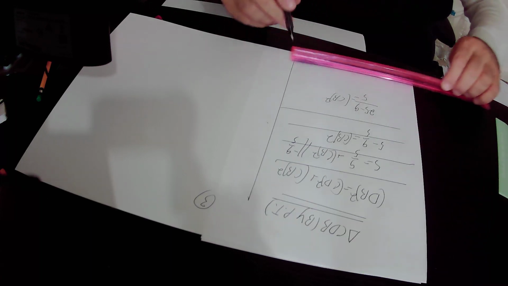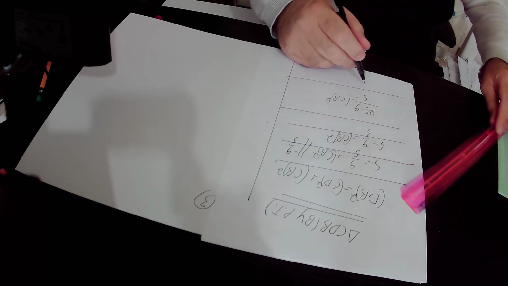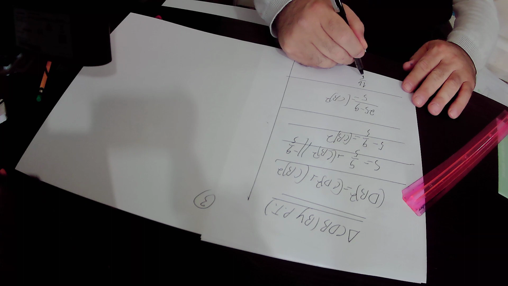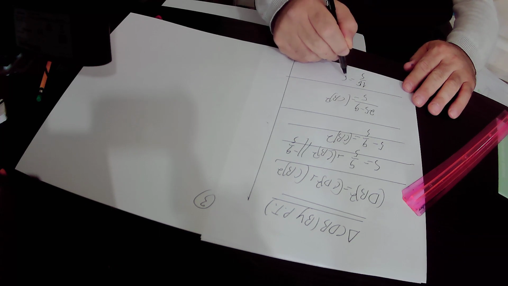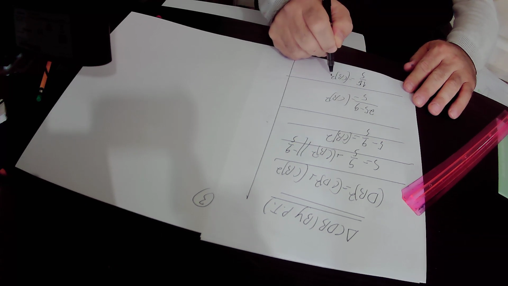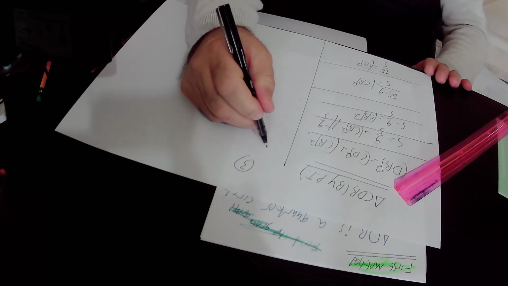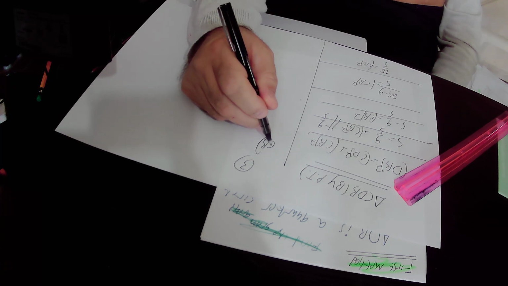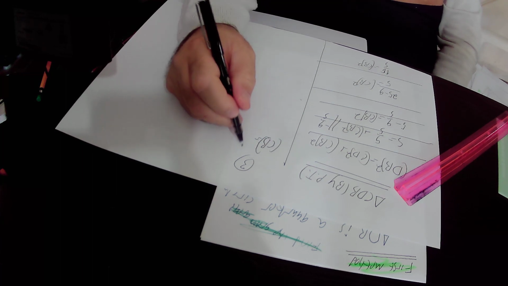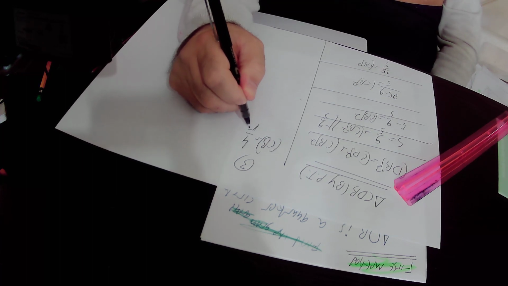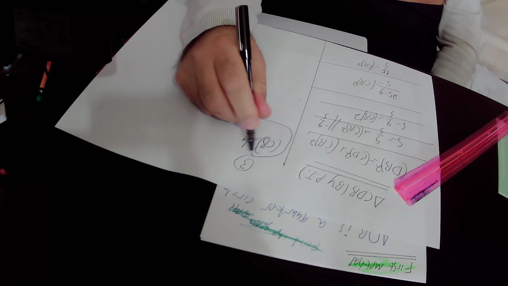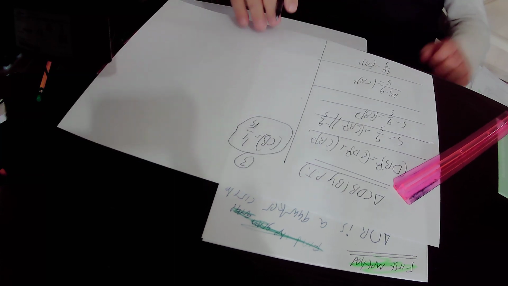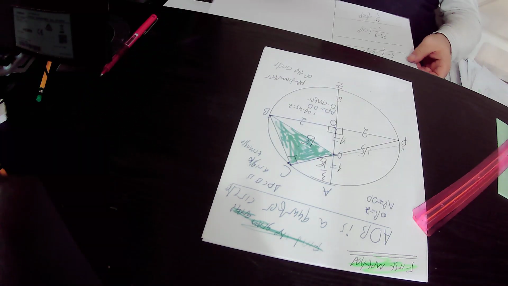So 25 minus 9 is 16, and 16 over 5 equals CB squared. Taking the square root, the missing side CB equals square root of 16, that is 4, over square root of 5. So CB equals 4 over square root of 5.